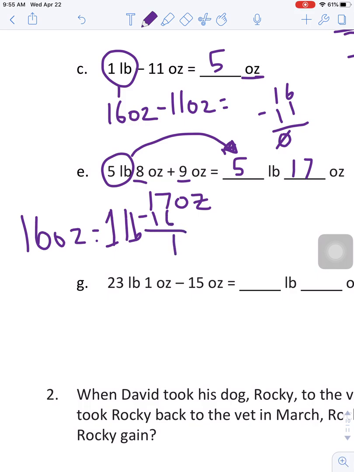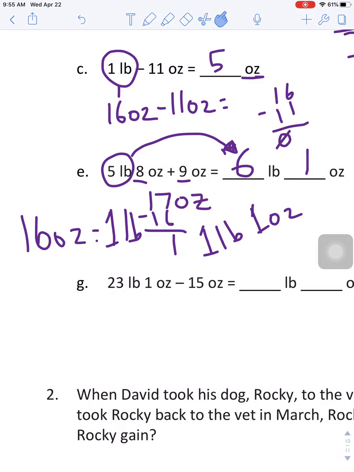So that basically is 1 pound and 1 ounce. I really don't like those ones that look like the L's. So if I add 1 pound and 1 ounce to my problem, it's going to turn from 5 pounds, 17 ounces into 6 pounds and 1 ounce.